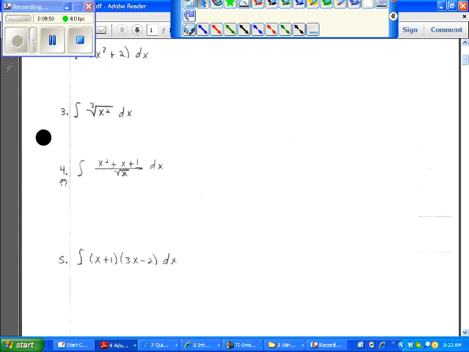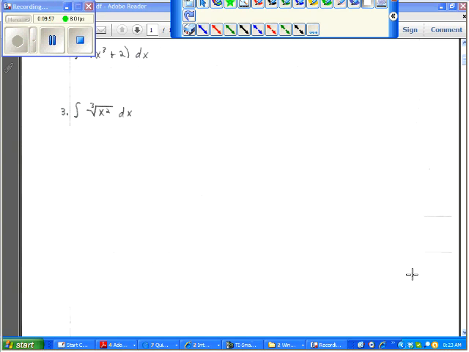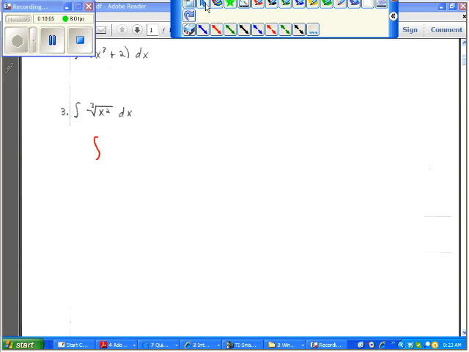All right, number 3. We're going to want to rewrite this in exponential form so that we can use our exponent laws to solve. So we'll rewrite this as the integral of the cube root, the third power, right? So this would actually be x to the 2/3 power.